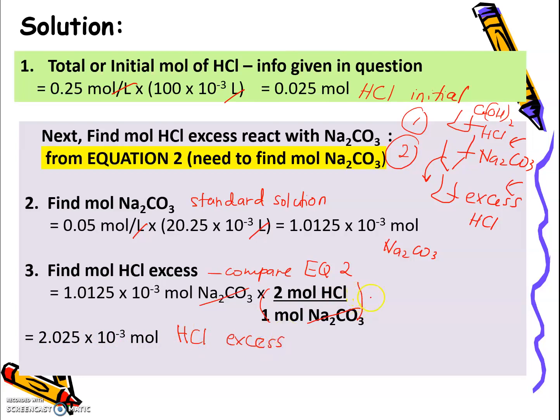Okay, this is the important part. We compare the equation number 2. Don't forget to write the unit of mole. So for example, to get the number of mole of HCl excess from the number of mole sodium carbonate times the information from the equation, we want to cancel the unit sodium carbonate. The unit of HCl must be in the above part.